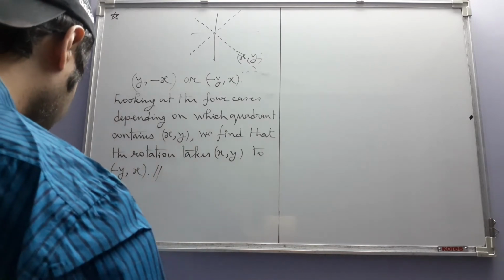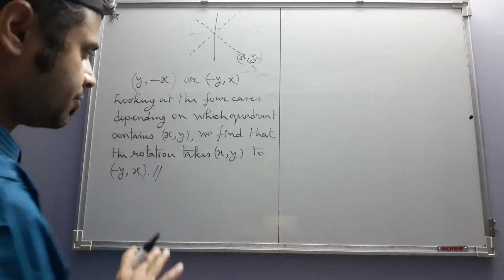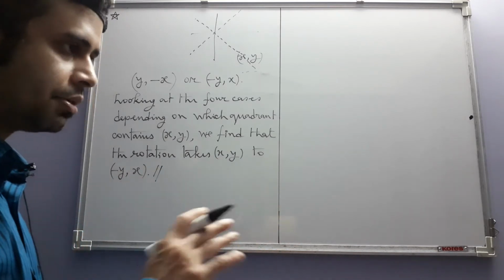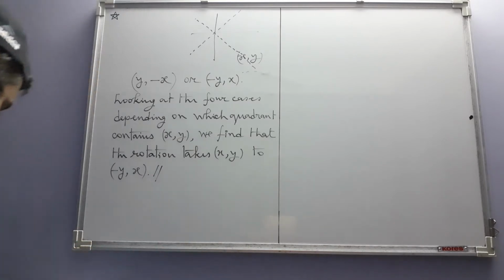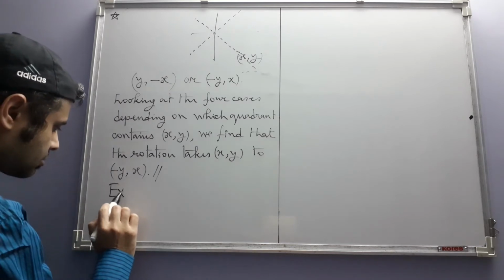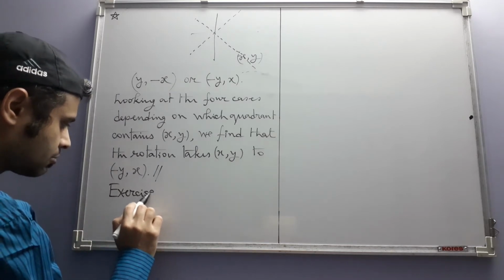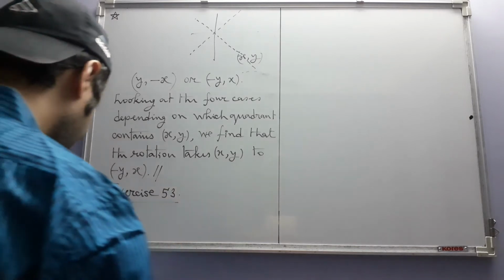So these are the coordinates of the final position of the point, and the solution actually ends here. So let us now continue with the other exercises. Not many are left, once we solve all of them, we will go back to our usual study of functions, and there we will continue. So exercise 53.